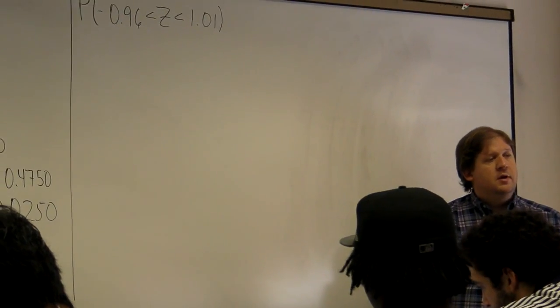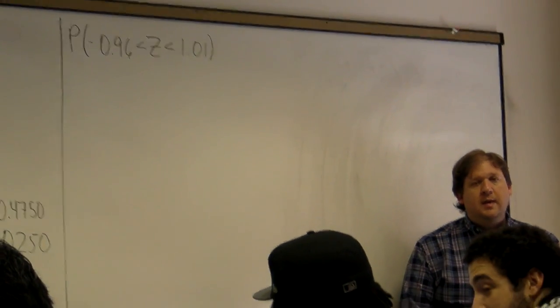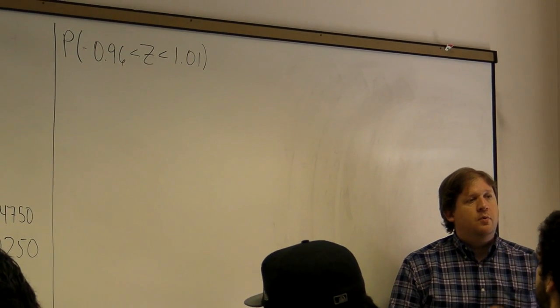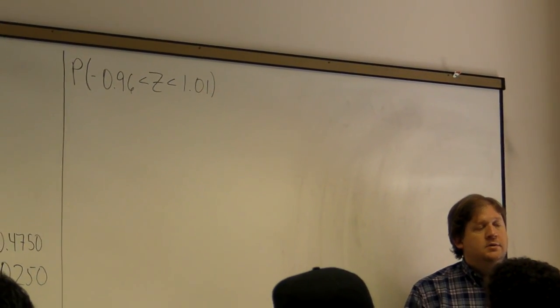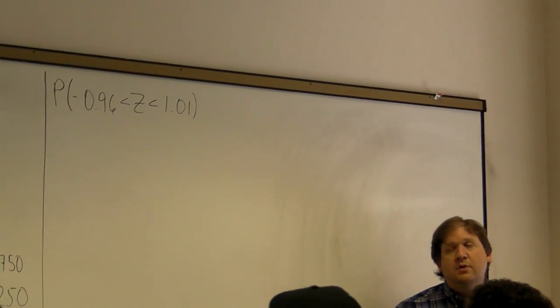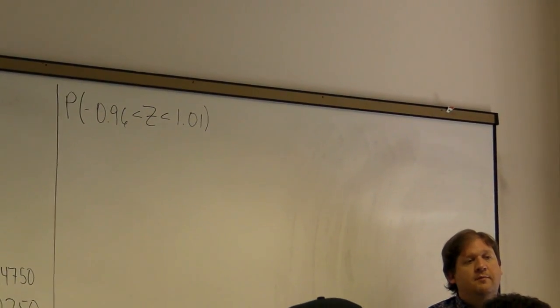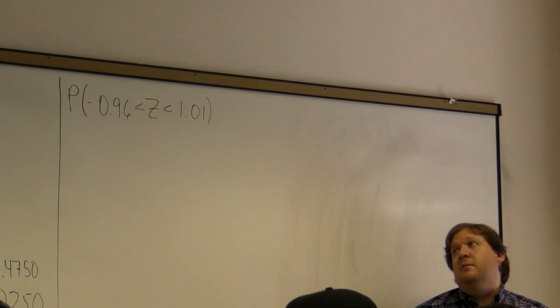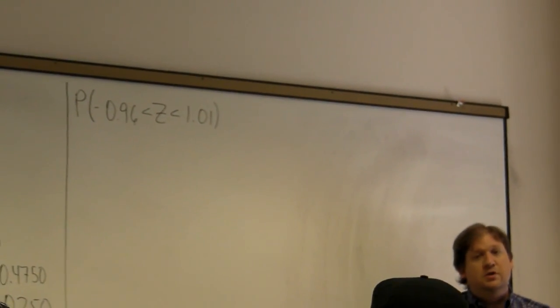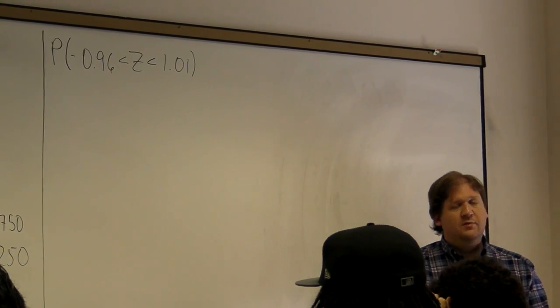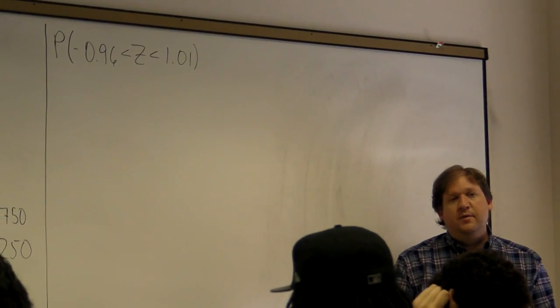So what is the probability Z is greater than negative 0.96, but less than positive 1.01? What's the probability of being above 0.96 standard deviations below the mean, but being below 1.01 standard deviations above?